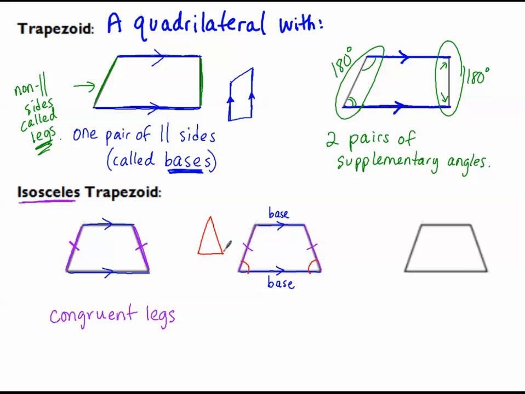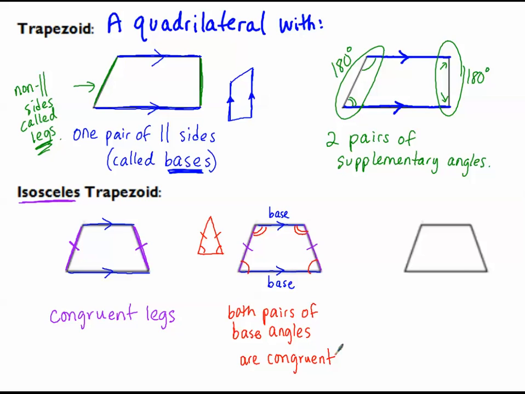Think back to the isosceles triangle, 2 sides congruent, 2 angles congruent. So just like that, 2 sides congruent gives us 2 angles congruent on this base. But I have 2 bases, so these angles are also congruent. So we have both pairs of base angles are congruent. So congruent sides gives us congruent base angles.